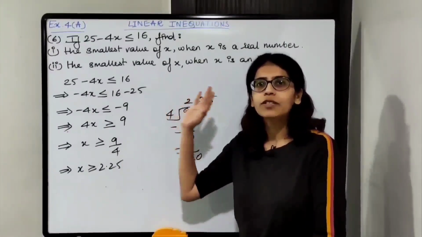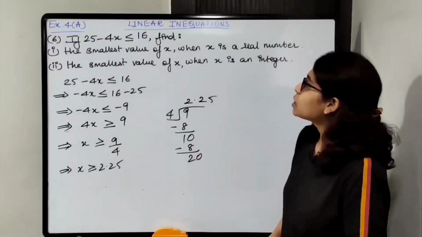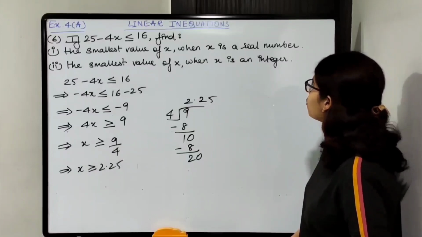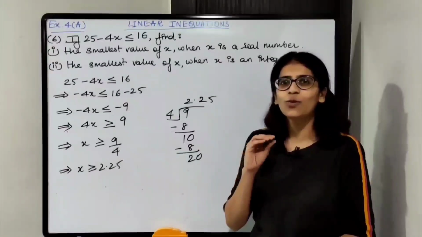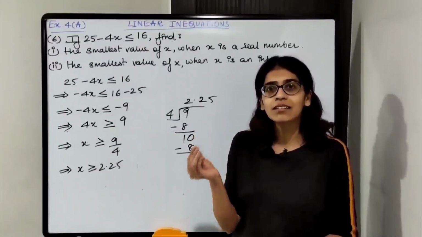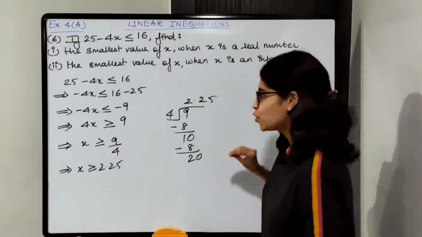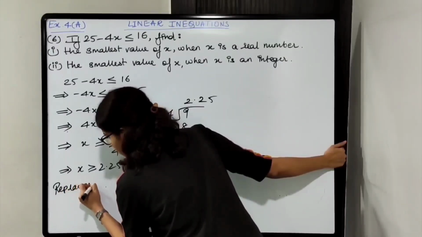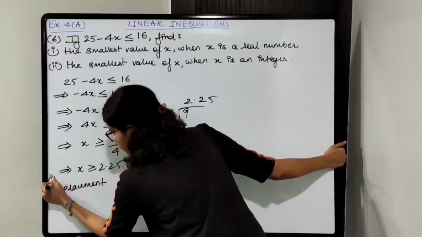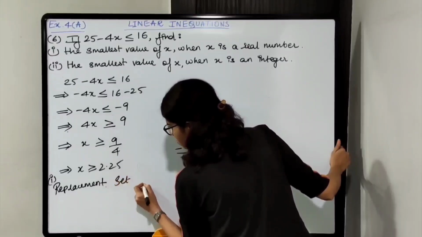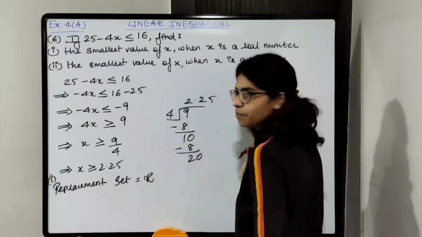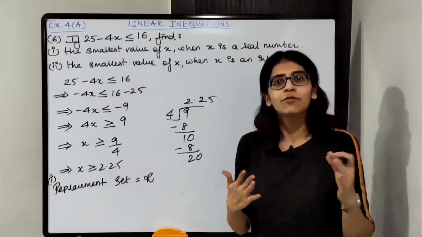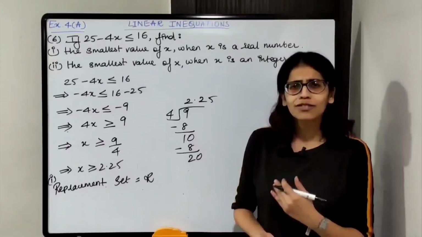Now coming to the first part of the question. The smallest value of x we have to find when x is a real number. So over here the replacement set is a real number. In real numbers, we include negative, positive, zero, fractions, decimals.